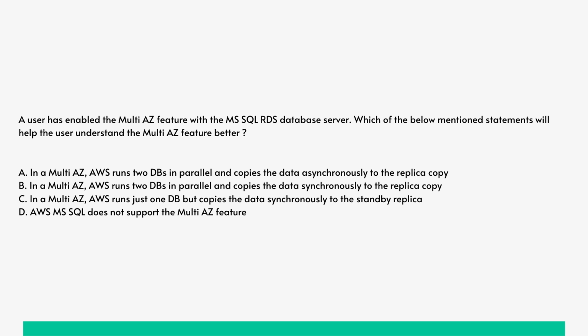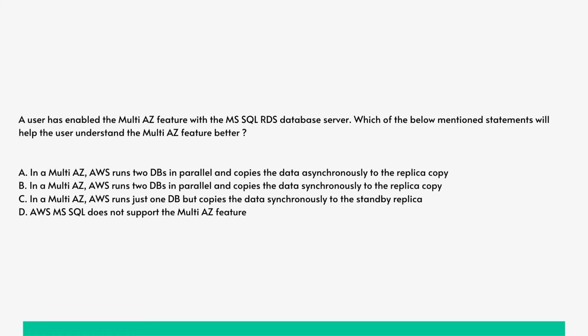Option B, in a multi-AZ, AWS runs 2 DBs in parallel and copies the data synchronously to the replica copy.